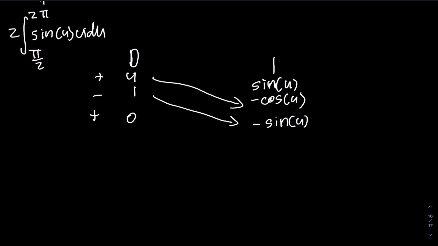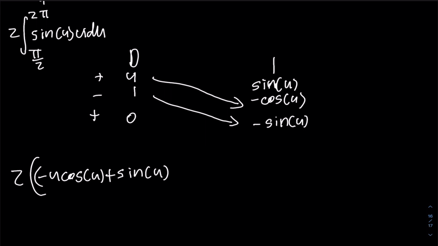Let's just see what we have here. We have 2, and here we have u times negative cosine of u, so we have negative u cosine u. And then here we have a negative 1 multiplied by a negative sine of u, so that negative and negative is going to become a positive, so we have a plus sine of u.